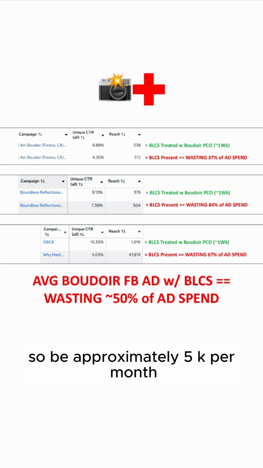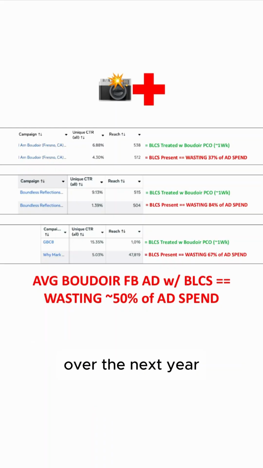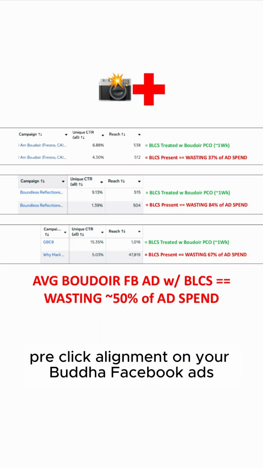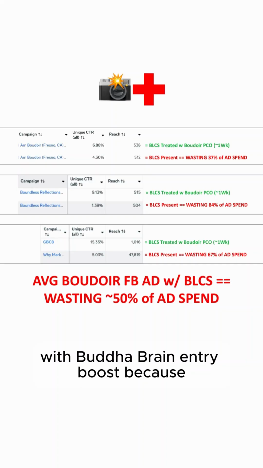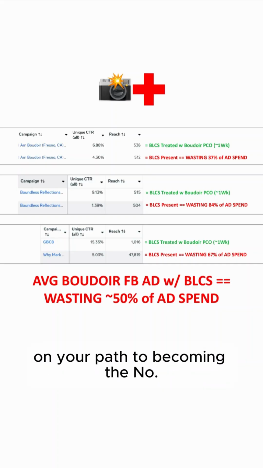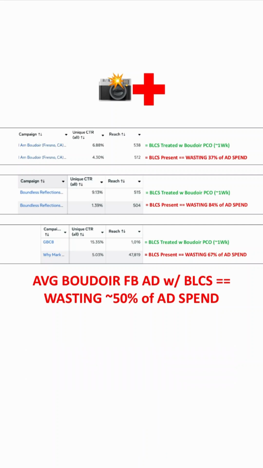So that'd be approximately 5K per month or approximately 60K over the next 12 months. And you want this outcome, you want to achieve pre-click alignment on your Boudoir Facebook ads, so you become a dominant Boudoir advertiser with Boudoir Brain Entry Boost because you know you need this on your path to becoming the number one boudoir photographer in your city.